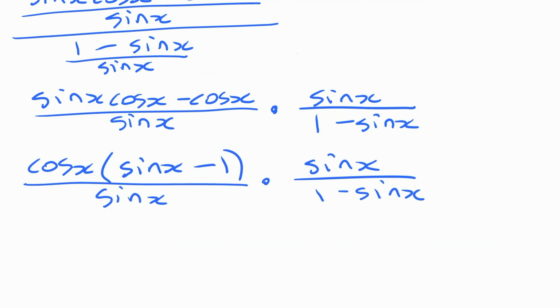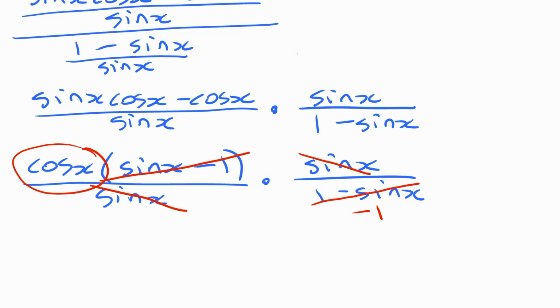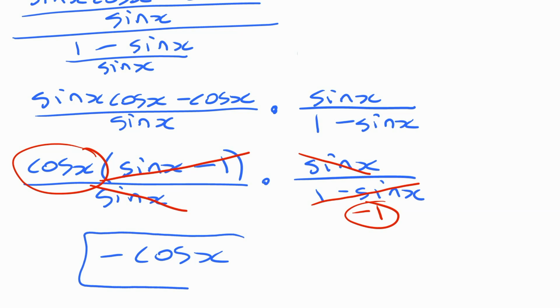In a similar way to the first method, we can cancel this and this, except that we have to realize that it's going to result in a minus 1 because they're opposites, they divide to minus 1, not 1. We can also cancel this and this because we have a sine on the top, sine on the bottom. We're multiplying, and you notice that all we're left with then is this cosine and this minus 1, which is going to mean that what we have is minus cosine of x, which is what we had the other way too. So there you go.